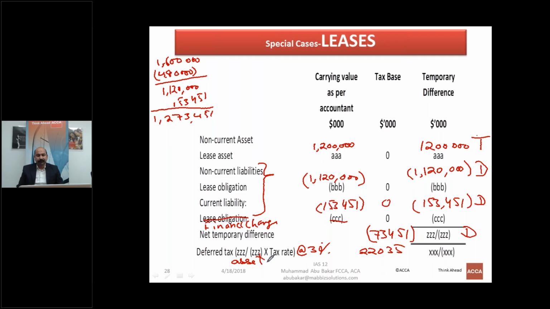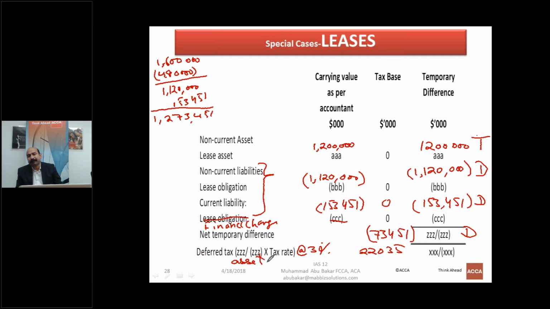Okay, the same amount can be calculated from the income statement as well. So this is the deferred tax asset in relation to your lease transactions.